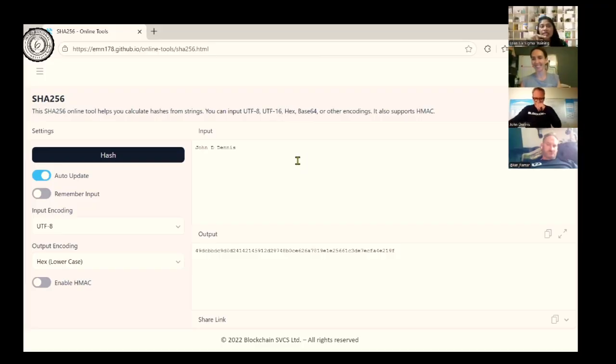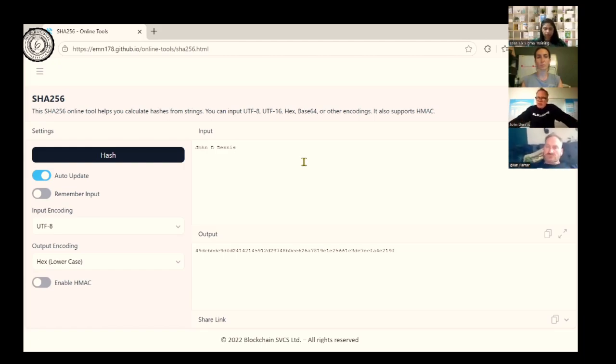And what is that SHA-256 supposed to be? That is just the name of the function that you apply. It's a mathematical function, a very complicated mathematical function. You say SHA-256.